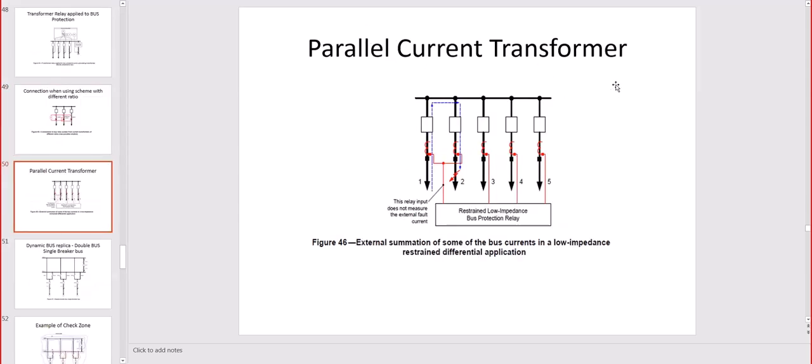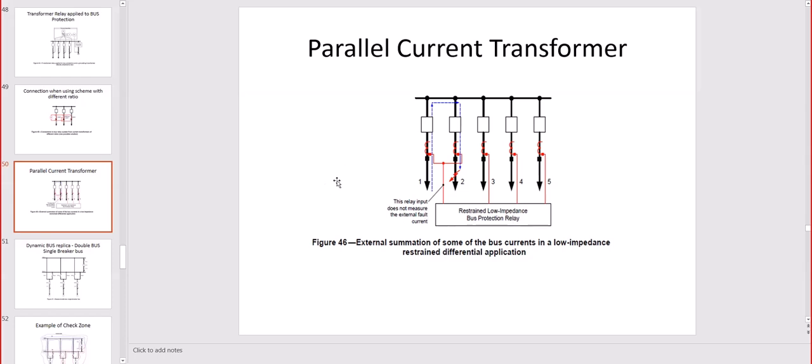Parallel current transformers. This is for restraint low impedance bus protection, CTs going to the 87 percentage differential, and here is an example of current circulation between two CTs, and it's not measuring the external fault that may be between the two phase, because you see the fault is on phase 2, on feeder 2, because of the settings as explained on the slope.